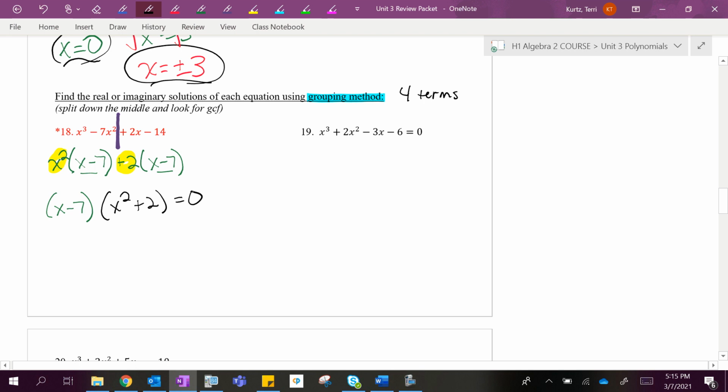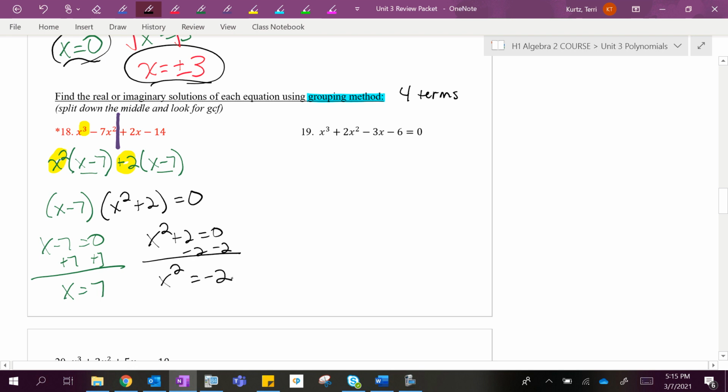Now I set them equal to 0. And once again, I started with a degree of 3, so I expect 3 roots. So I set x minus 7 equal to 0. I solve, I get x equals 7. I set x squared plus 2 equal to 0. I solve, I get x squared equals negative 2.